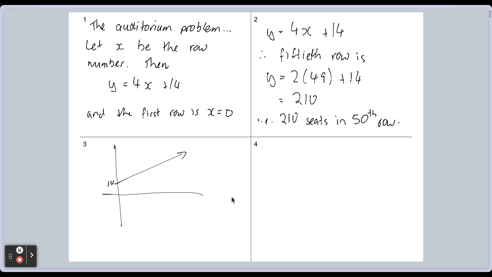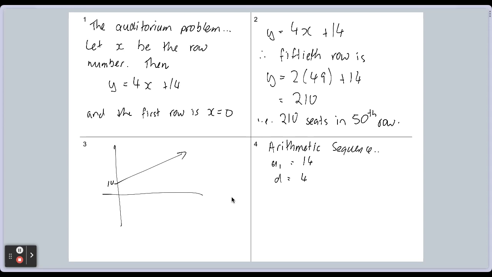And if you did it as an arithmetic sequence, it works out a little bit tidier, right? We would have u sub 1 is equal to 14. That makes sense. The first row is 14. We would have d is equal to, I'll get it right this time, 4.